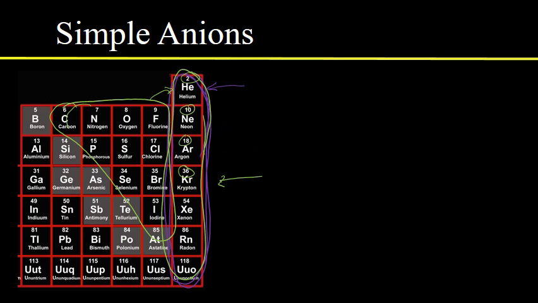So for example, fluoride, if we have a fluorine atom, the atomic number is 9, which means it has 9 protons and 9 electrons, but it can have the same number of electrons as neon if it gains 1 electron to become a negatively charged ion.